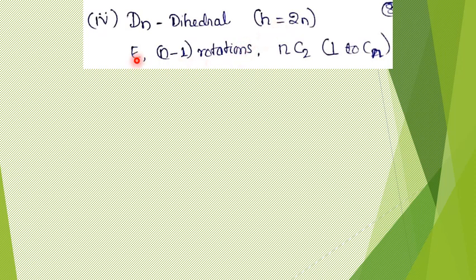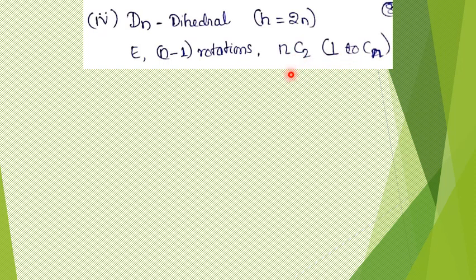First, identity will be there, and since we definitely have a proper axis, n minus 1 rotations should also be possible. Then there are n number of C2s. This is an essential requirement: if the point group is D, the perpendicular C2s are essential, and they will be n in number.